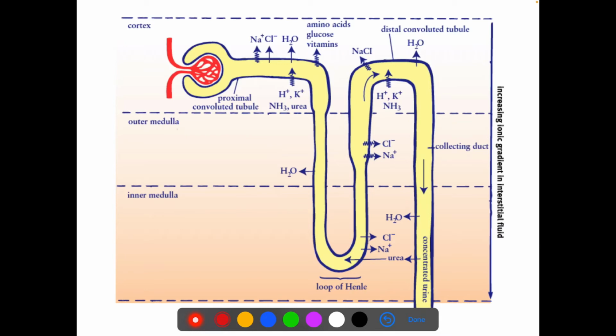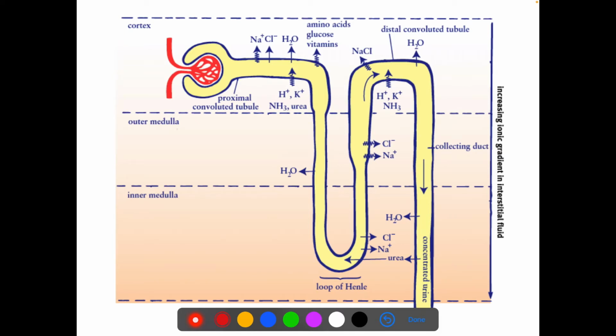So this is another diagram which shows the efferent arteriole, and this is the glomerulus. From the glomerulus, the glomerular filtrate comes out, which flows through the proximal tubule, where many substances like sodium chloride, water, amino acids, glucose, vitamins, and all those things are reabsorbed into the body.